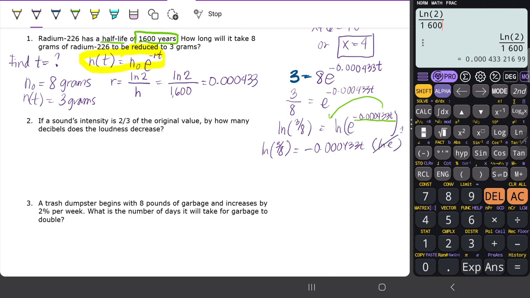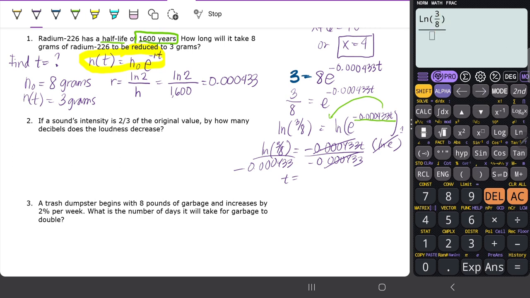Okay? So, therefore, t is equal to ln 3/8 divided by negative 0.000433.